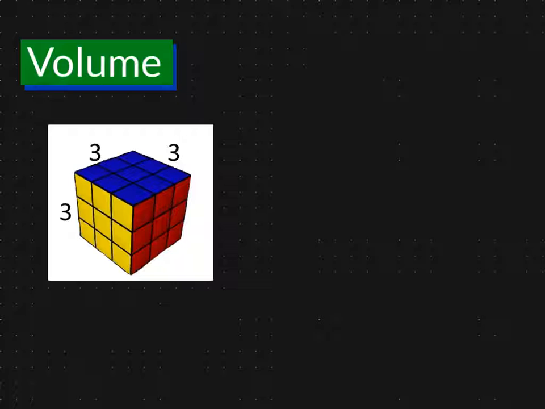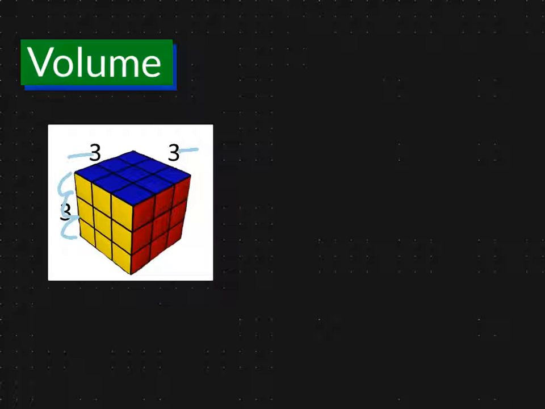Now on this cube, we can see that the area of the blue top is 3 squares long by 3 squares wide, and we can see that there are, in fact, 9 blue squares that make up the area of the top. But volume is three-dimensional, and we can see that each of the units that make up the area is itself a cube, and in fact, the figure is 3 cubes high.